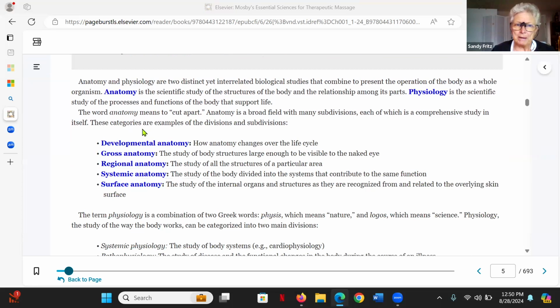So then we go about doing that. These are the definitions.